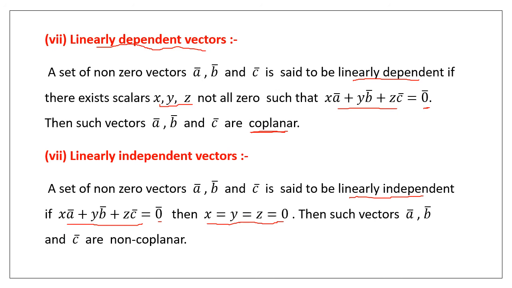Then such vectors a, b, c are non-coplanar, means when the vectors are linearly independent, then those vectors are also called non-coplanar. We'll use these conditions while solving examples.